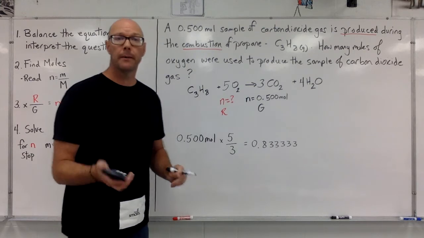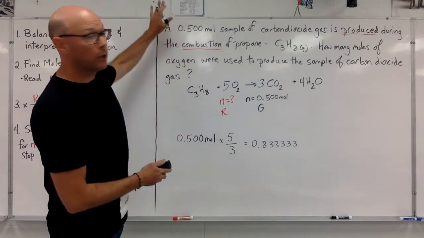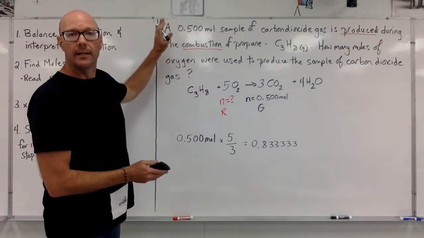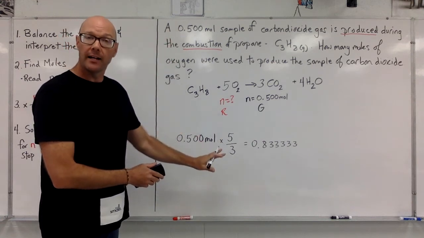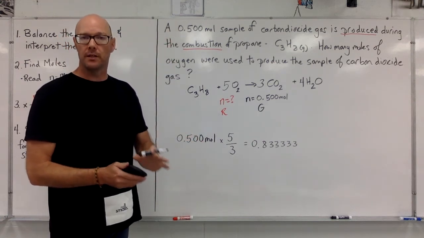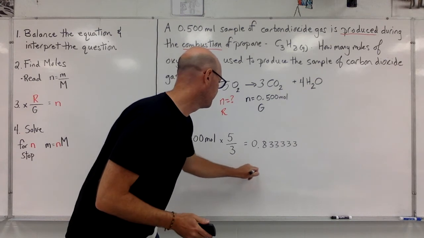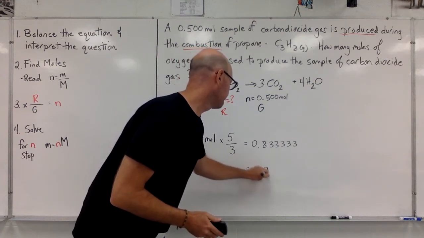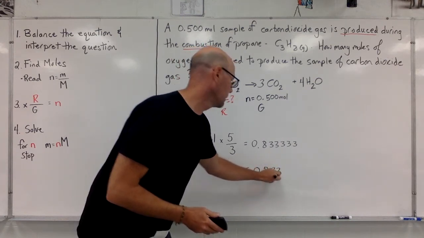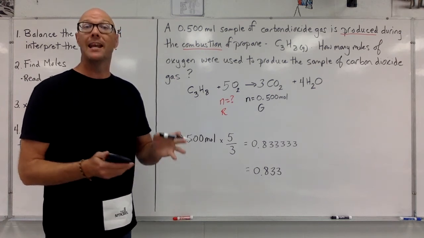Those 3's are repeating. I go back to the question and look at the number. It has 3 significant digits, so my final answer must also have 3 significant digits. 0.833. Now we need units.